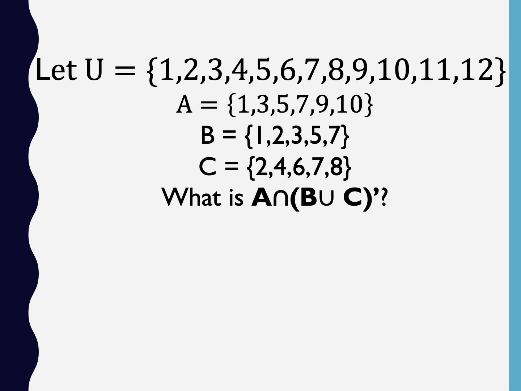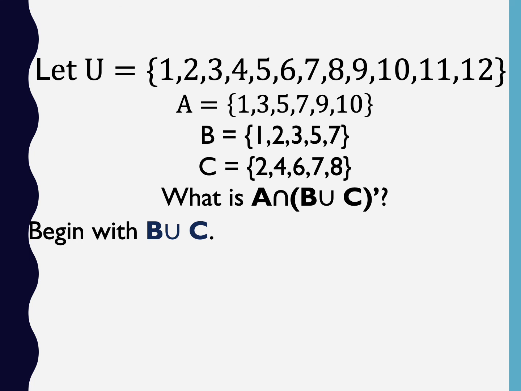Let's look at this final example. Let the universal set U be equal to the set of elements from 1 to 12, and sets A, B, and C as follows. What is A intersection the complement of B union C? Now, to solve this kind of set operation, you can solve it by parts.